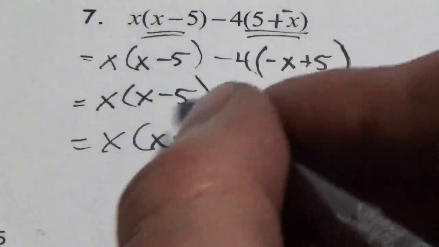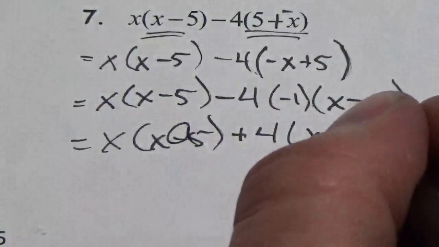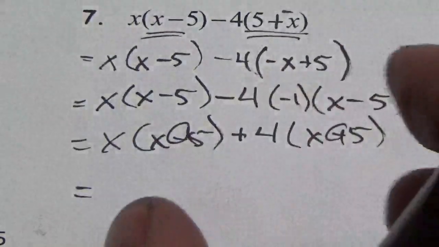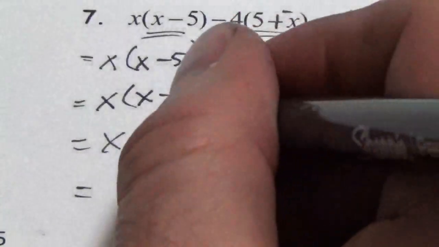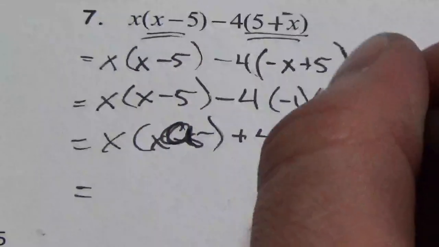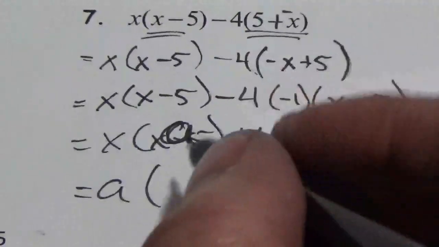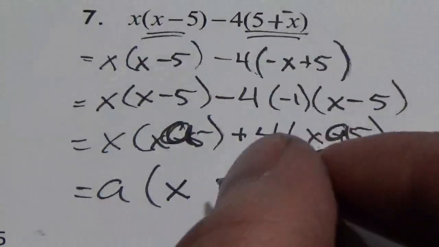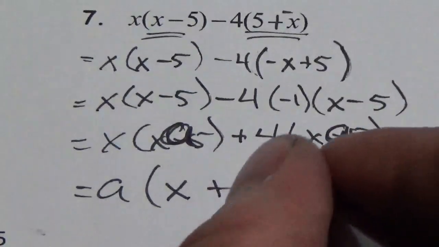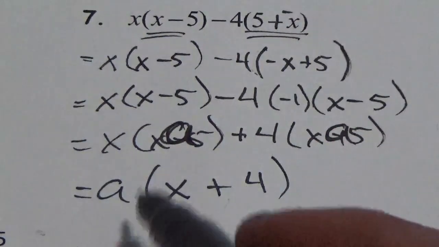And again, this is like having the big old A. If you don't like looking at the binomial factors, just think of this as one big old letter A. I factor the A out, and in that first term, I'm left over with this X. In the second term, I'm left over with that 4.